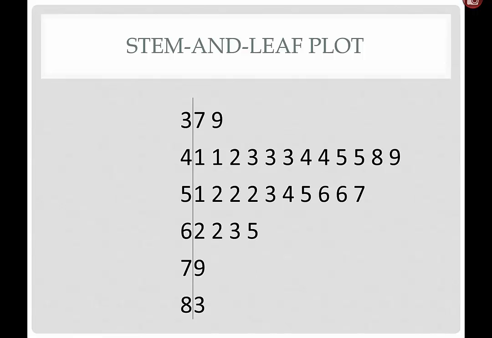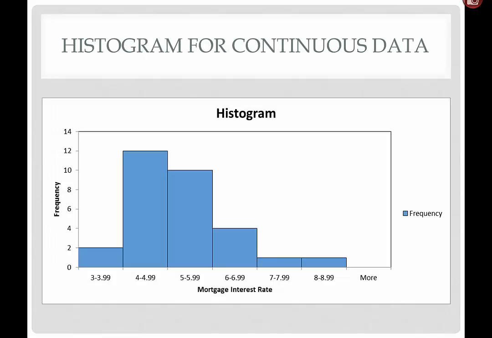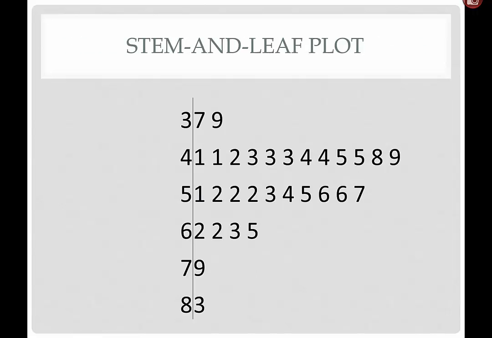If we were to draw a line over top of those numbers, it has the same shape as the histogram that we had drawn. So this allows us to see not just the shape like the histogram does, but every single piece of data within that plot. So it just gives you a little more information.